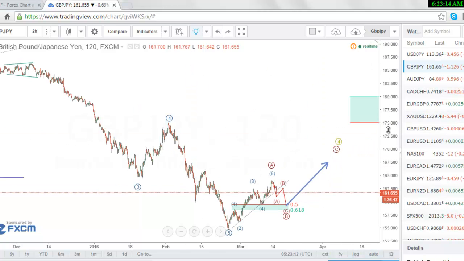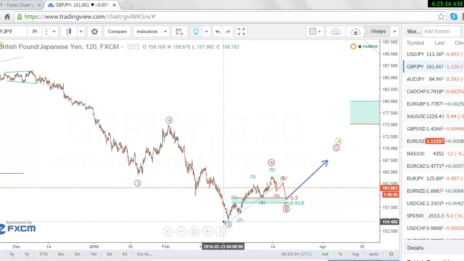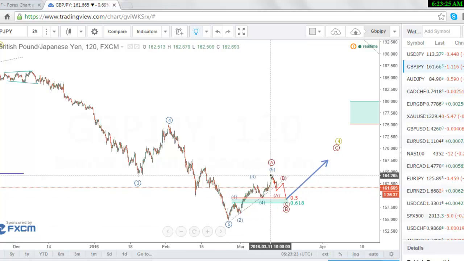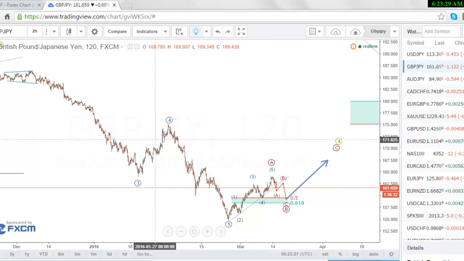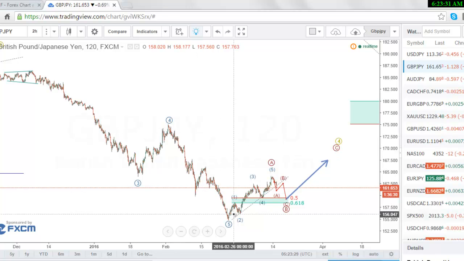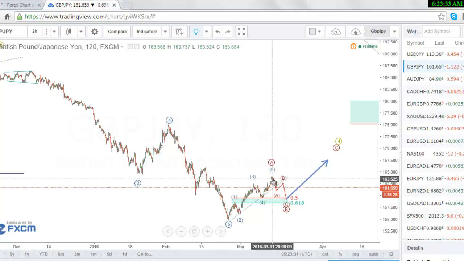So this is the end of the structure that we're talking about, the 5 non-overlapping waves, and after that we saw a very nice impulse move, which actually proved to us that the decline is in a corrective stage.